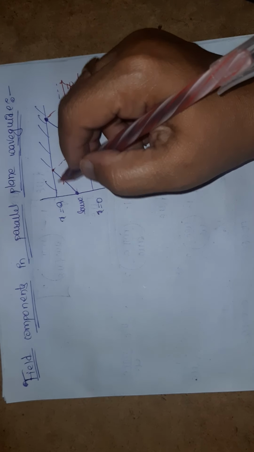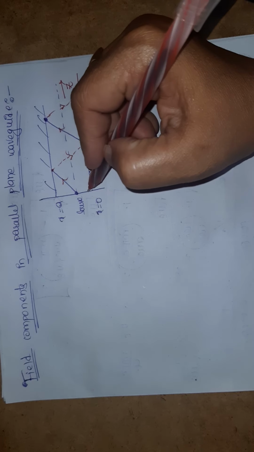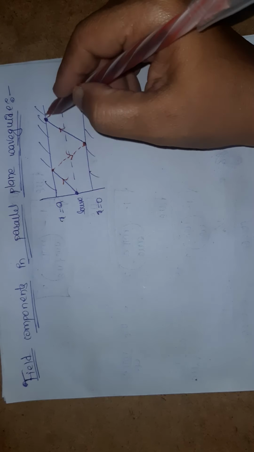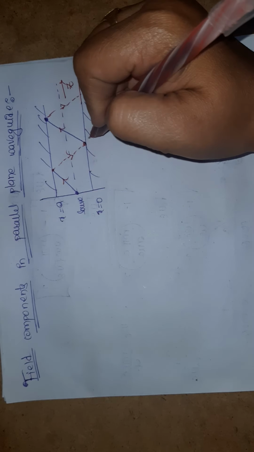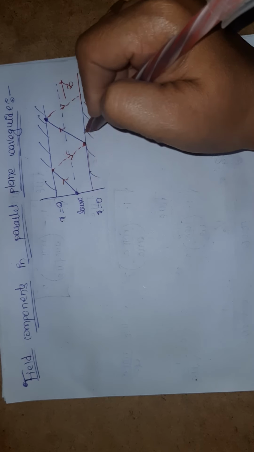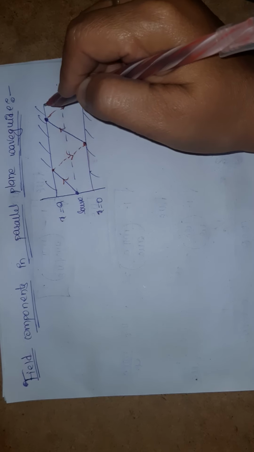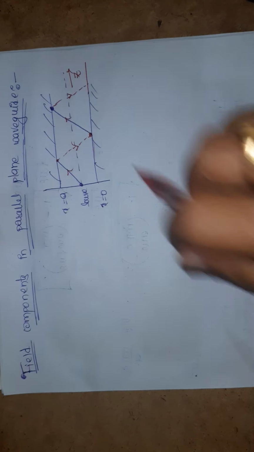Okay, so these are the two parallel plates and the wave is reflecting in between the two parallel plates. That is, it is restricted to travel from x equal to 0 to x equal to a only. Okay, so this is a parallel plane waveguide and this is an EM wave propagation.